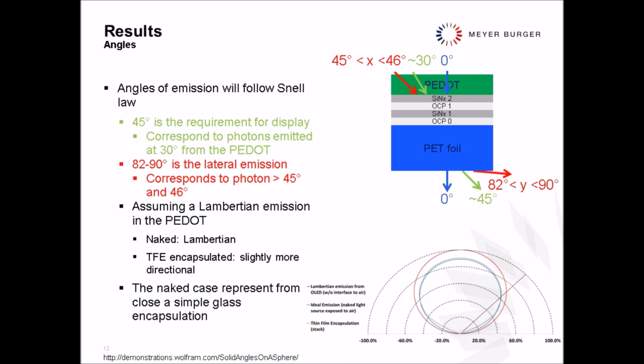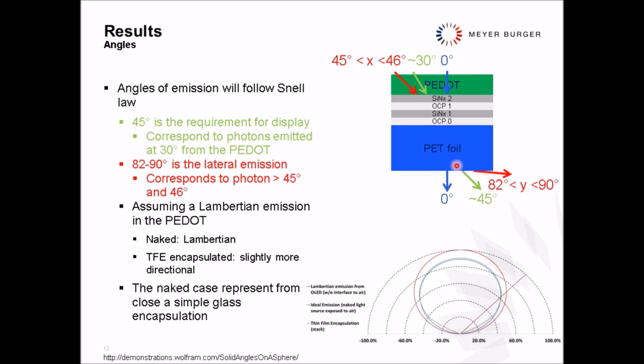Let's have a look at the results. We start looking at the consideration we can do on the angles of emission of rays. So what we see here in the structure on the right is a series of rays and their angles, and how they are then brought outside through the structure.